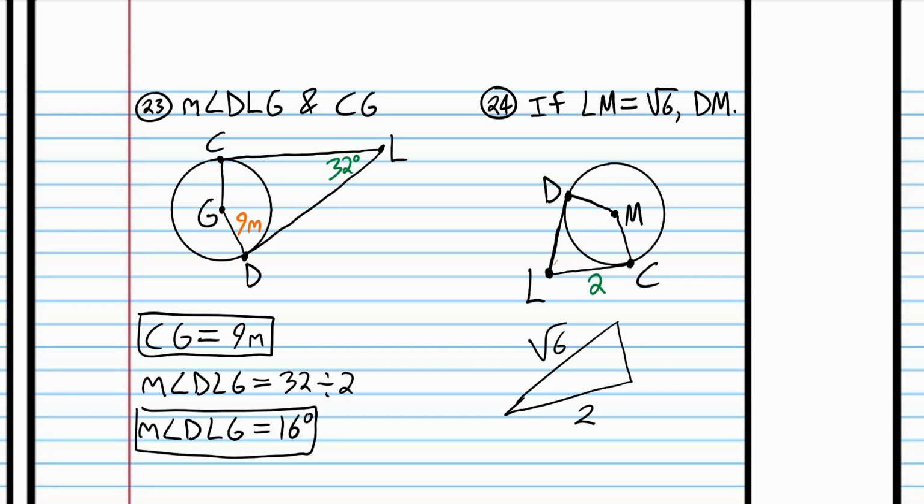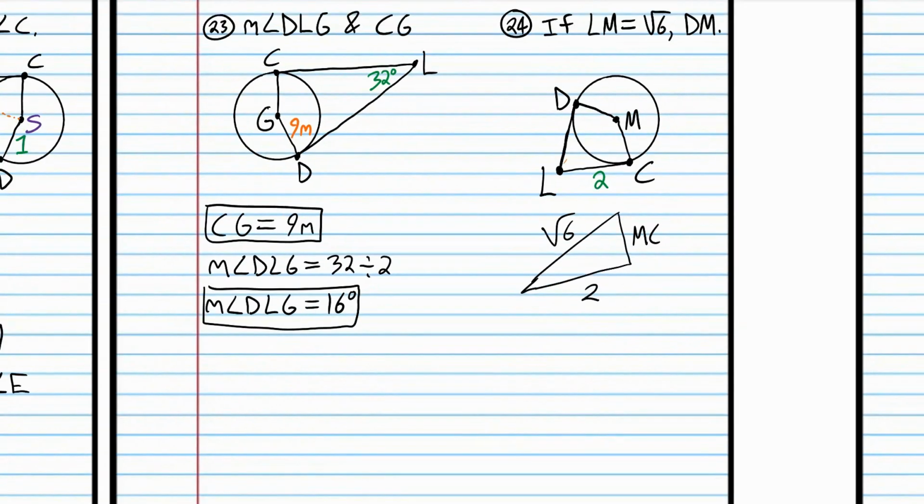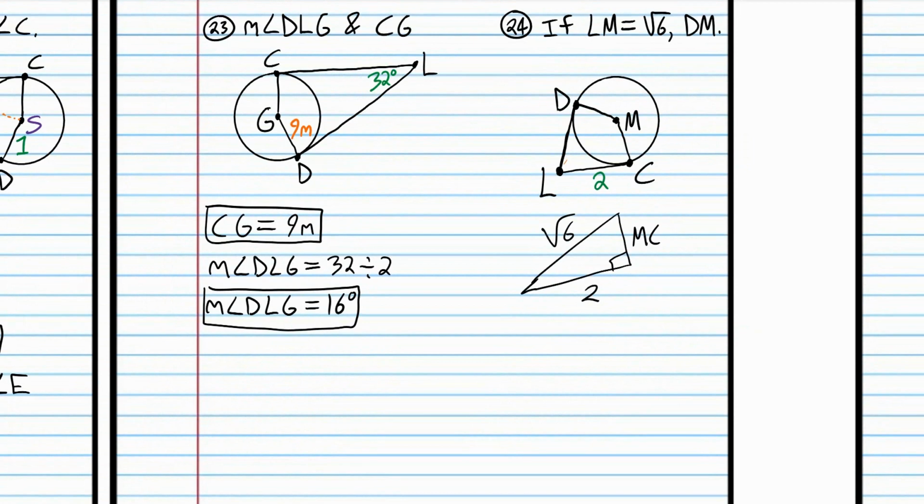DM is a radius, so if we find the length of MC, which is going to be this, then that'll be the length of DM. So we know this is a right triangle, because again, that's a tangent. So a squared plus b squared is equal to c squared. The letters don't really correspond, but we have 2 squared plus MC squared is equal to root 6 squared.